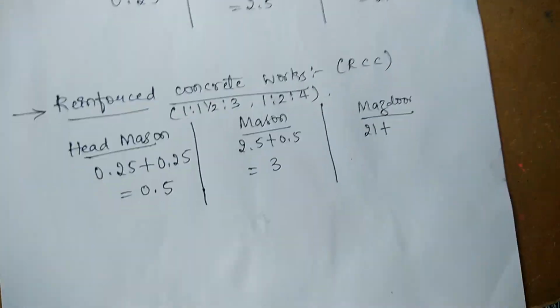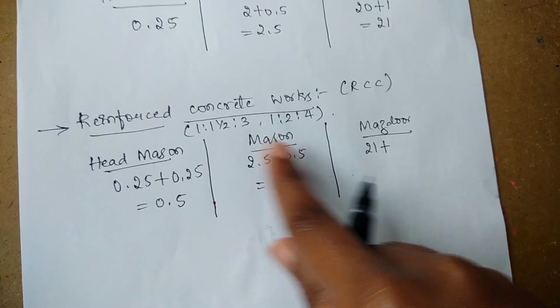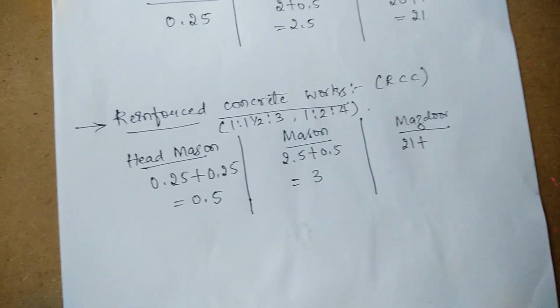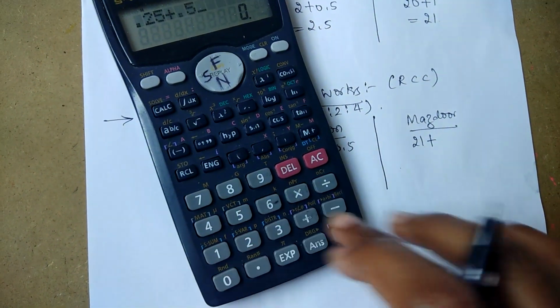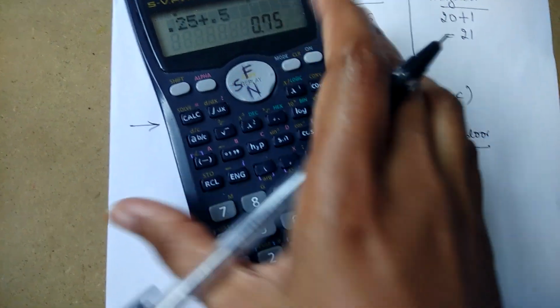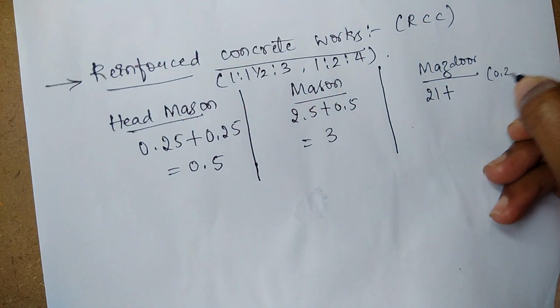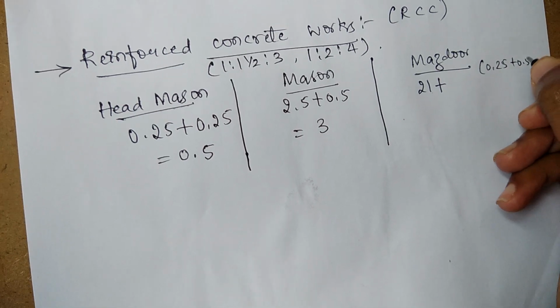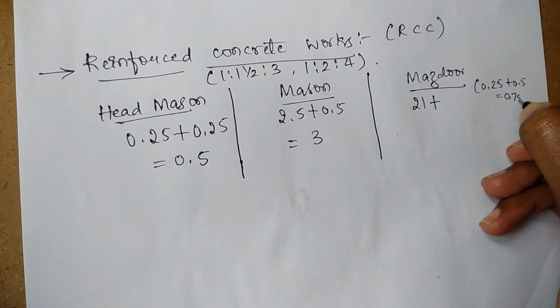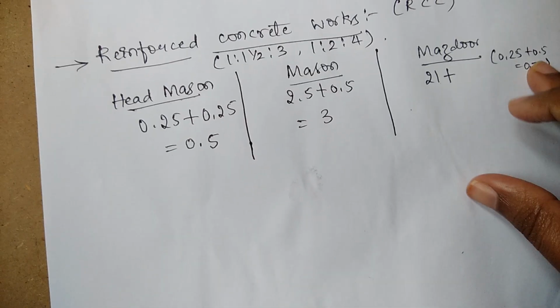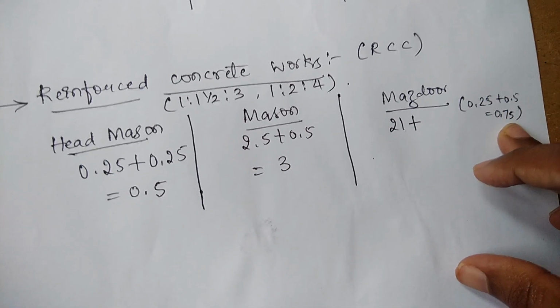Here if I add 0.5 with 0.25, I will get 0.75. 0.25 plus 0.5 gives you a value which is equal to 0.75. Now this is the actual value. I need to double this value.